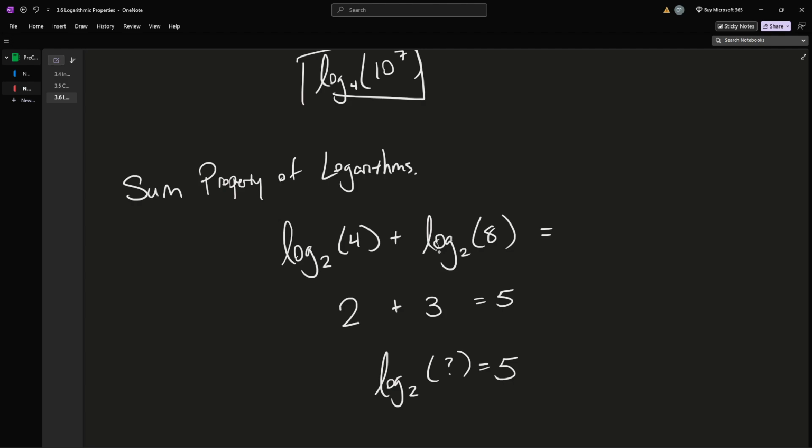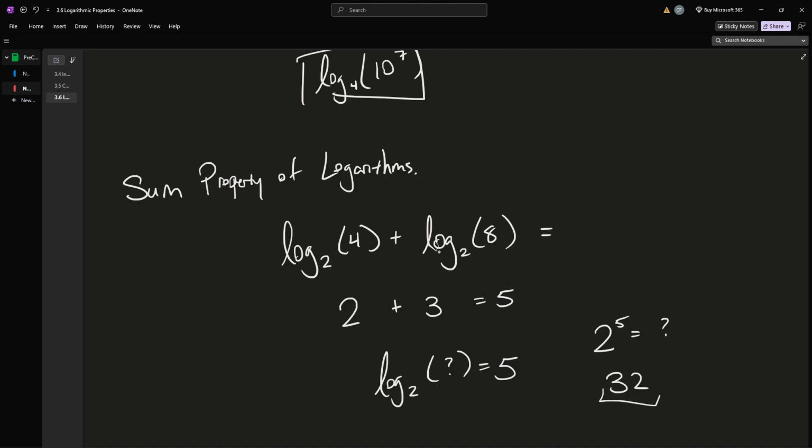And we do our BCA tactic to get 2 to the 5th equals what? 32. I got my number of 32. I reverse engineered and got 32 should go inside here. And I see, how does this 32 relate to the 4 and 8 I had before?